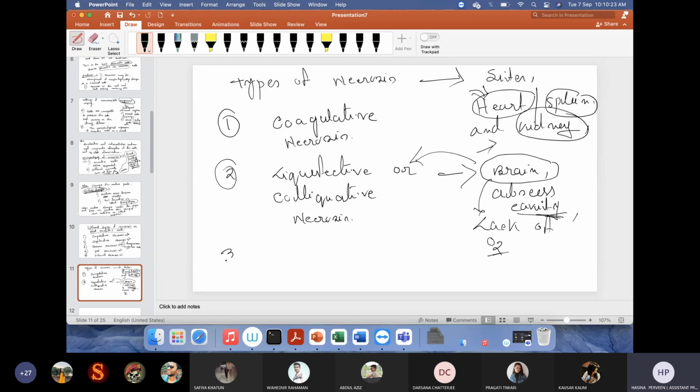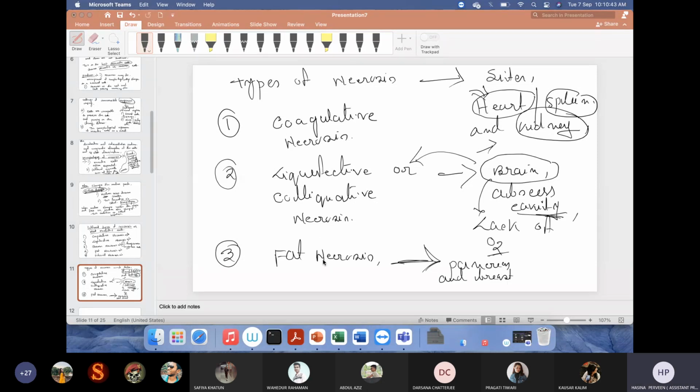Okay. Number 3, this is the fat necrosis. And what sites? This is the pancreas and breast. Okay. That means different fat deposit in cells, pancreas and breast.